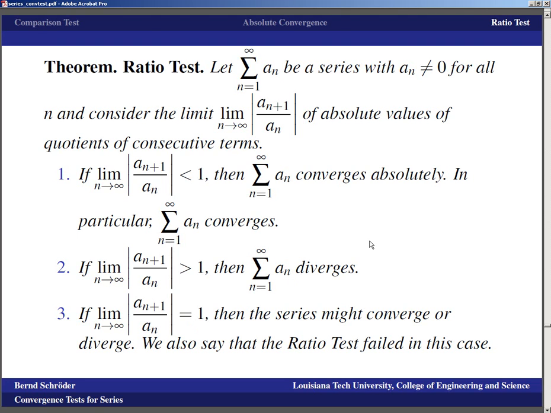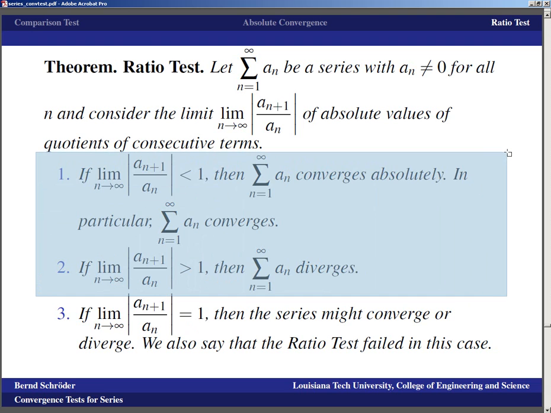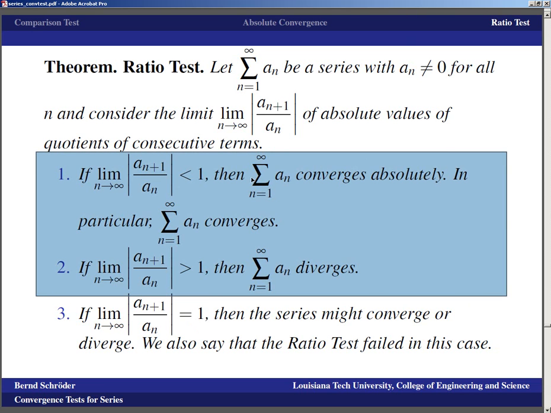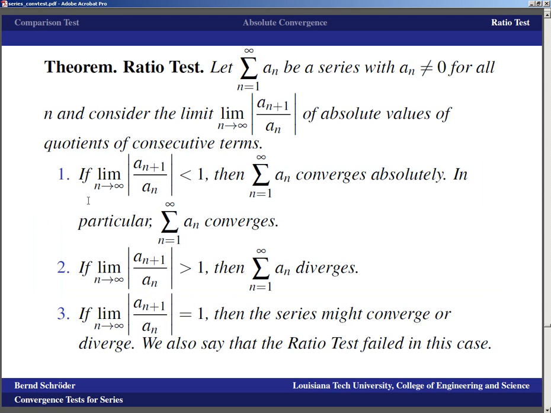So the most important part for the proof is to prove parts 1 and 2, the case distinction between whether the limit of the quotients is smaller than 1 or greater than 1. And these limits are also one of the reasons why it is hard to work with series.